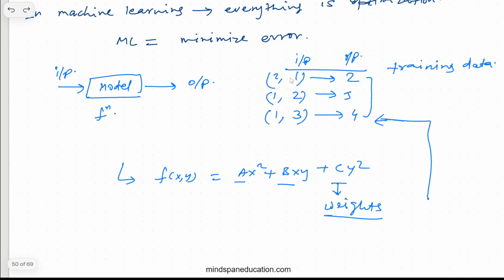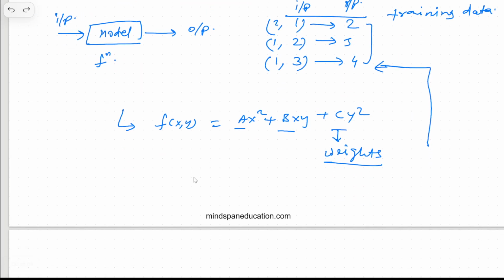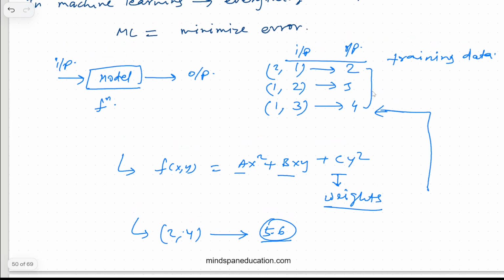And now, why do we do this when we already have the input and output? Why are we sweating this much on fitting this model? Because in future, when we get a different input which we do not have as part of our training data, let's say 2, 4, which we have never seen in our life, when we give the input, then it will give you some output, let's say 5.6 something. Then we can say that we have fit a model that is probably giving output close to the actual output.